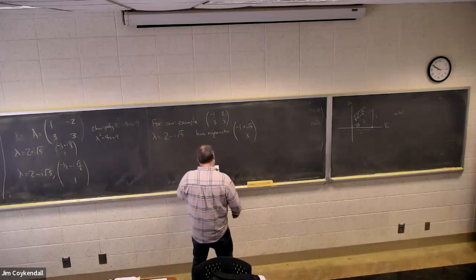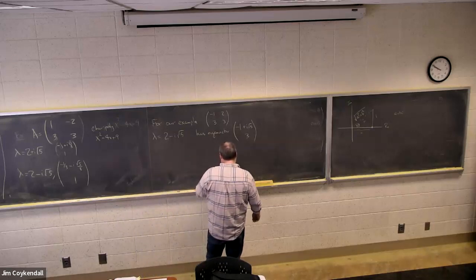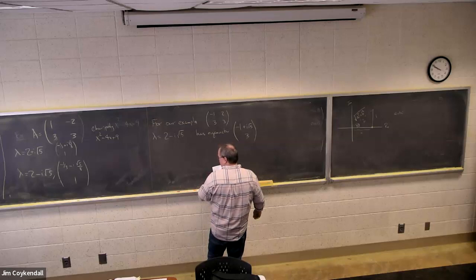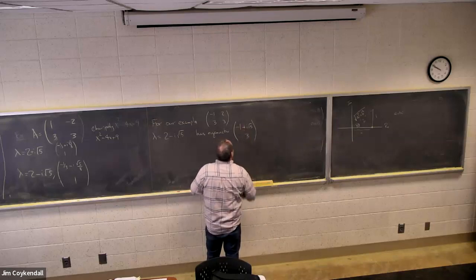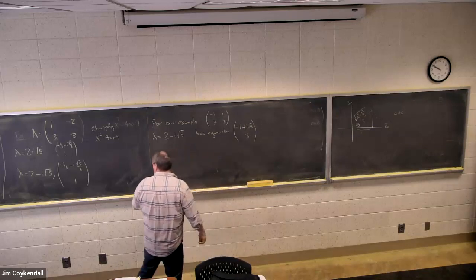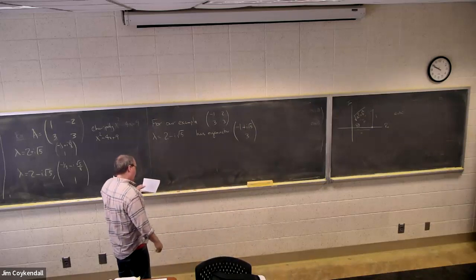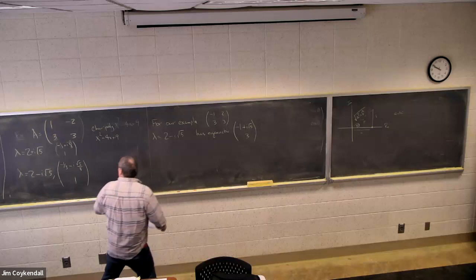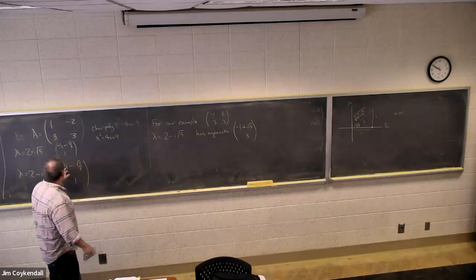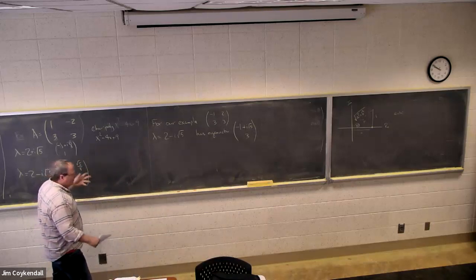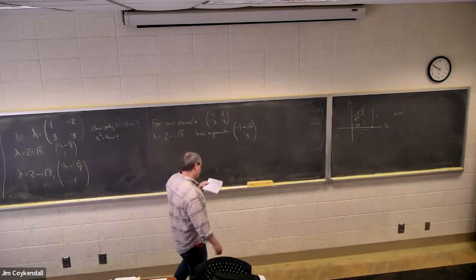Yes, this should be 2 minus i. Okay, so we've got that eigenvector. Notice I've rescaled this. It's basically this one times 3. That's all right, that makes it easier.